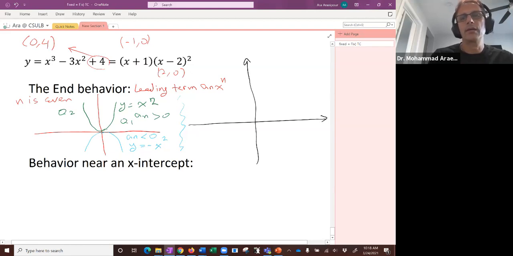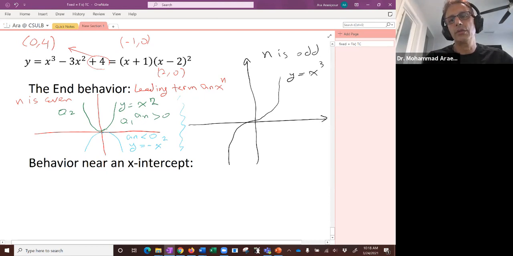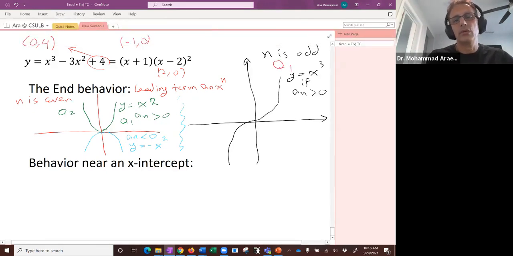What happens when n is odd? When n is odd, it looks like y equals x cubed if a sub n is positive, and that means the end behavior, quadrant 1, quadrant 3.